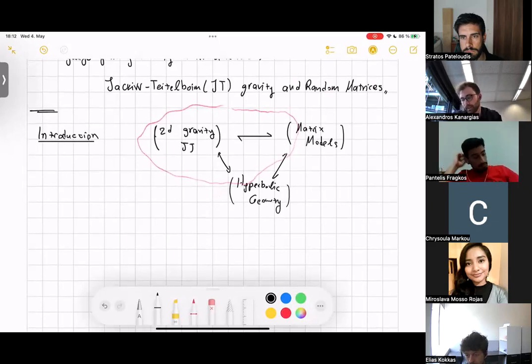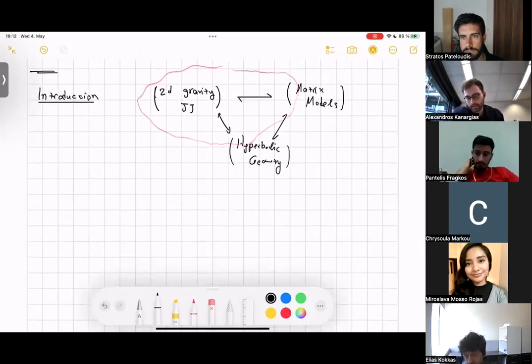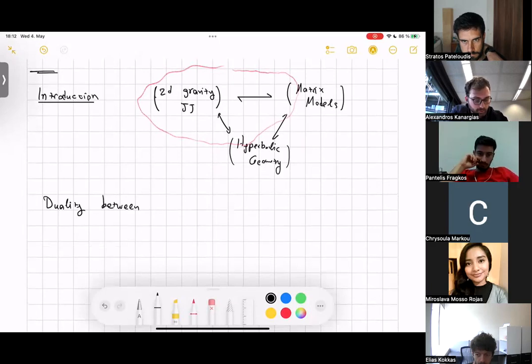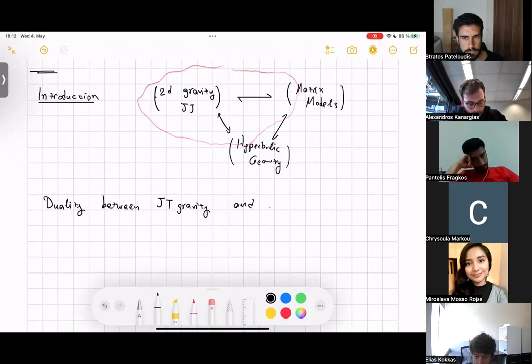And the main topic is to describe a duality that was discovered by Saad, Shenker, and Stanford in 2019 between this JT gravity, which we will say what it is, and a specific matrix model.